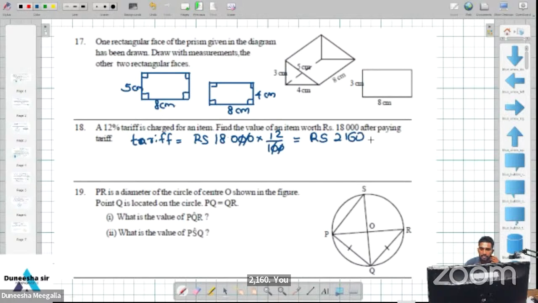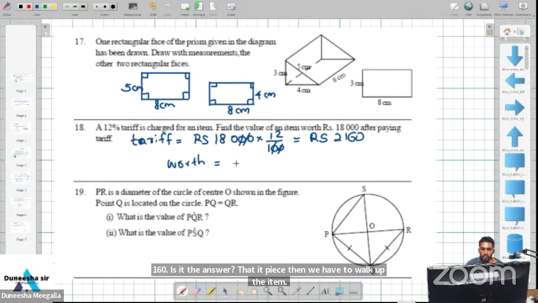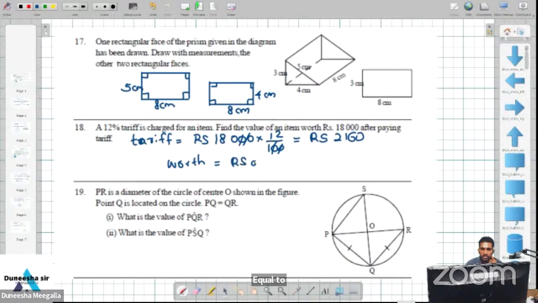Tariff is that. Then for both of the items, equal to 18,000 plus 2,160. How much? 20,160.